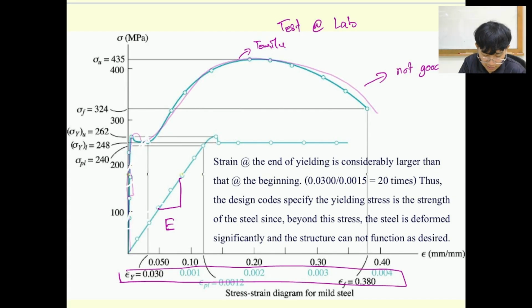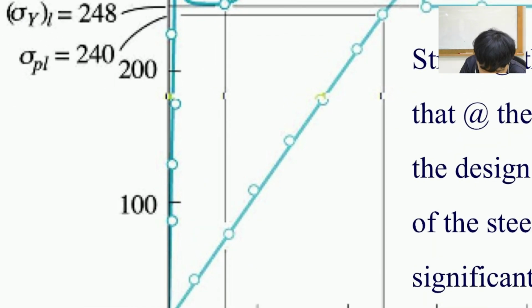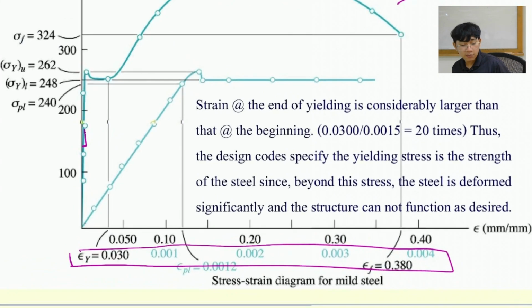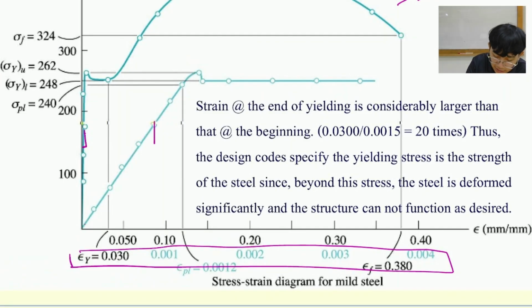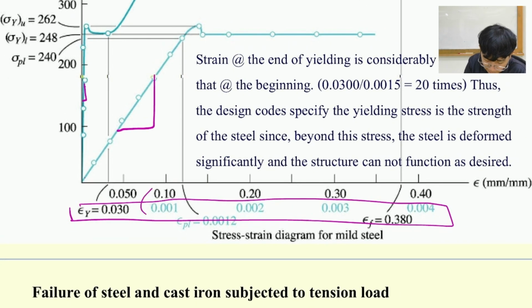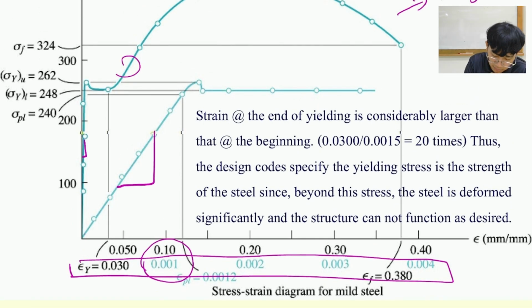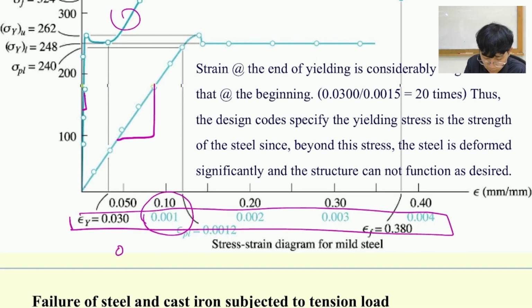If I erase it here, can you find the Young's modulus from here? It's really hard to read the values from here. But if they give you the scaled-up scale, which means how many times higher than the upper scale, it's going to be 0.1 divided by 0.001.